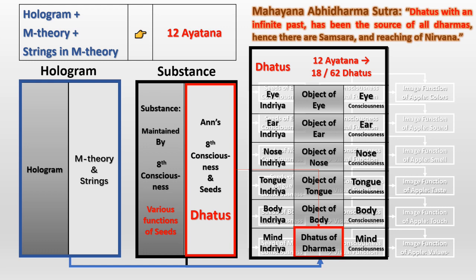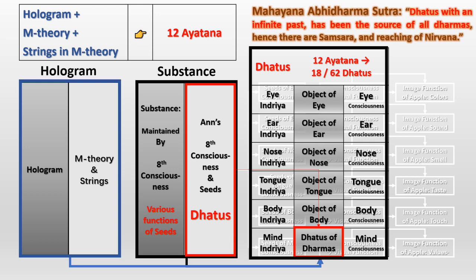Additionally, the eighth consciousness, in principle, can also be subsumed into the dhatus of dharmas in 12 ayatana. Therefore, with the above analysis, the information in the substance should be in the 6 object areas of 12 ayatana. In other words, looked at from an overall perspective, substance, plus eighth consciousness, plus the seeds in the eighth consciousness, are the 12 ayatana.